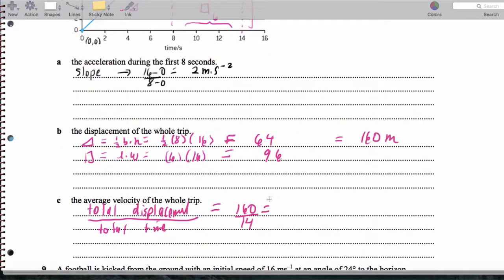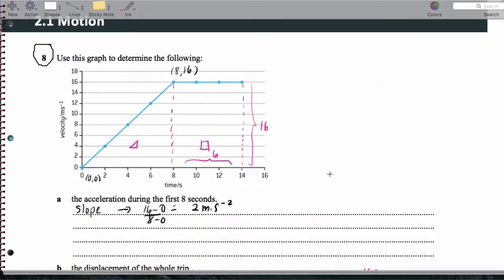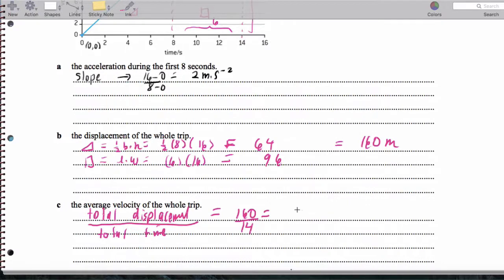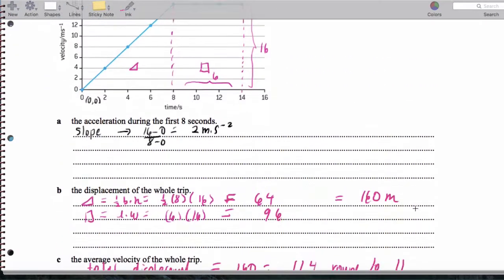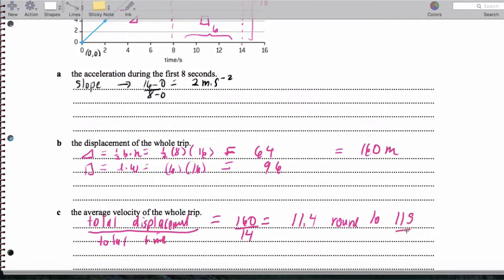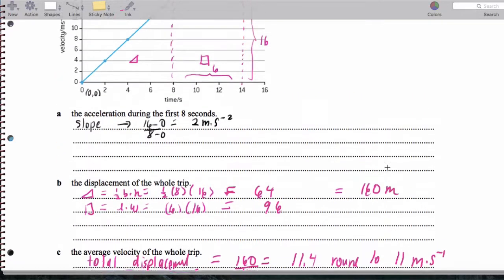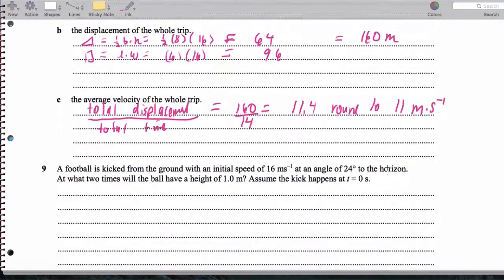And when I work that out, 160 divided by 14 is 11.4. I'm going to round that to 11 meters per second.